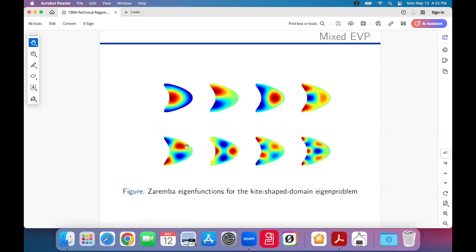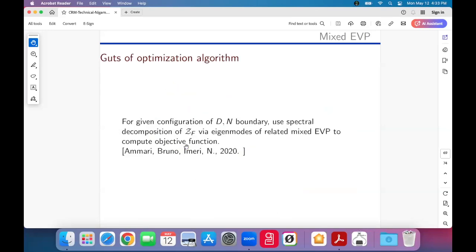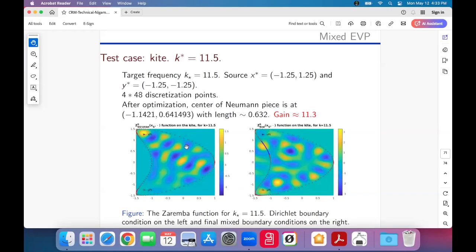That's what they look like. And then you could do optimization with this. You could improve the gain in a room. We had this problem with meta-tunable resonators that change boundary conditions from Dirichlet to Neumann. Some cell phone company gave us some money. Doesn't matter. Point is, we use boundary integral operators here.